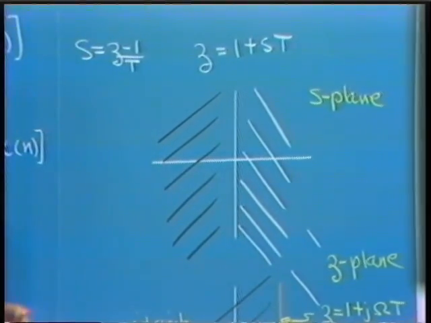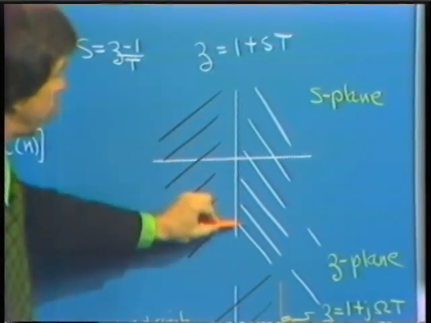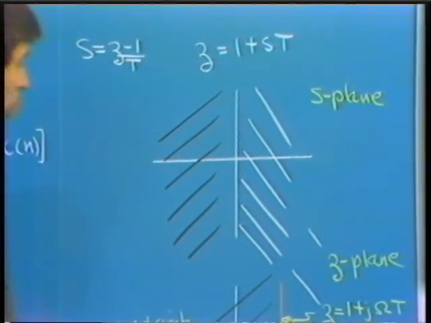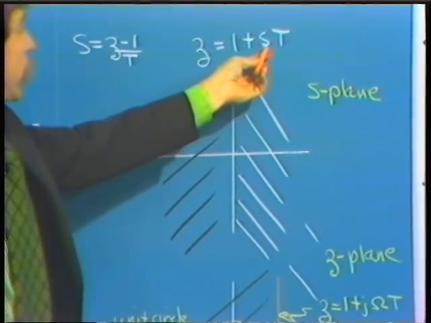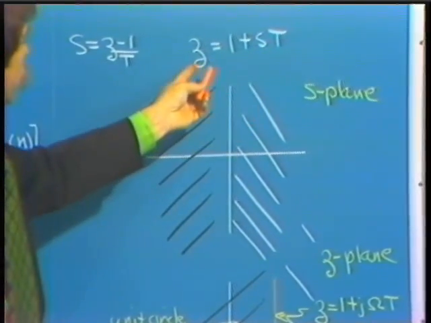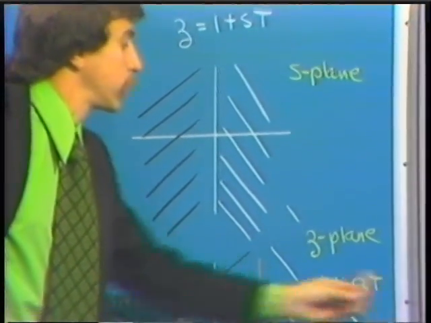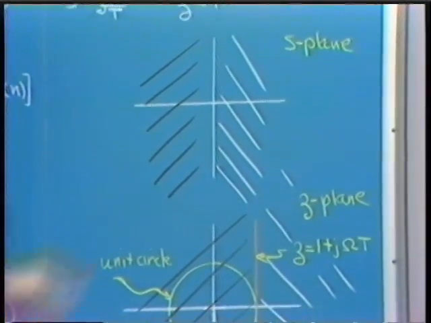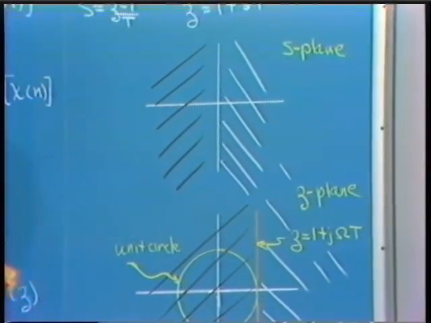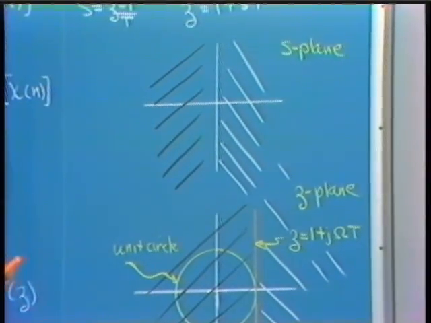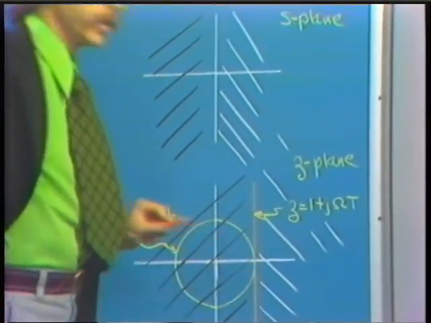And the first question is, what does the j omega axis in the s-plane map to in the z-plane? Well, we substitute s equals j omega so that z is equal to 1 plus j omega times capital T.